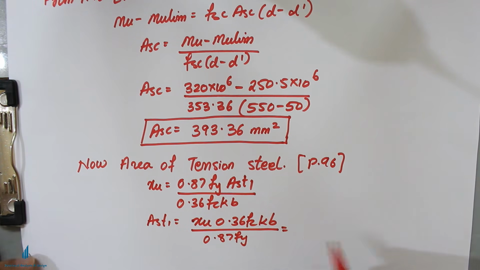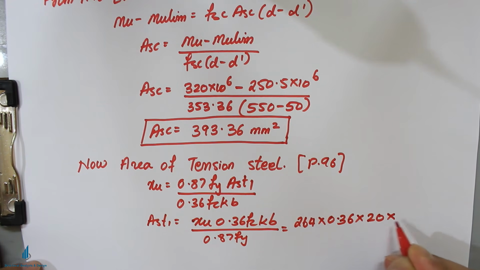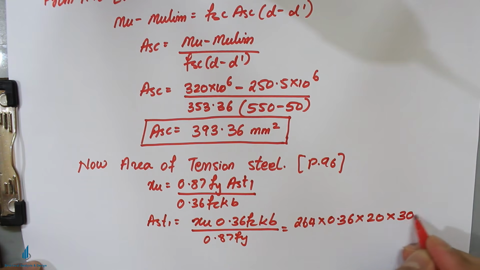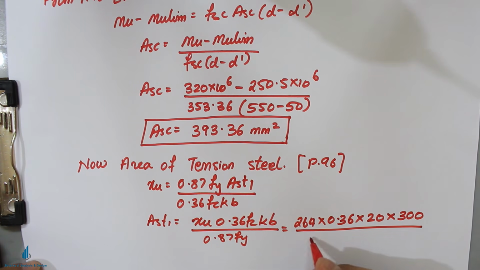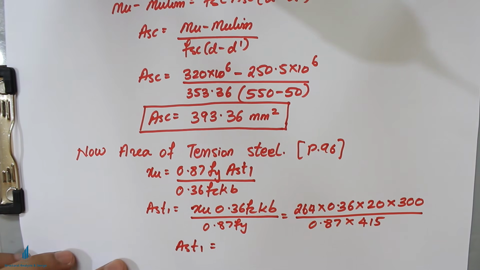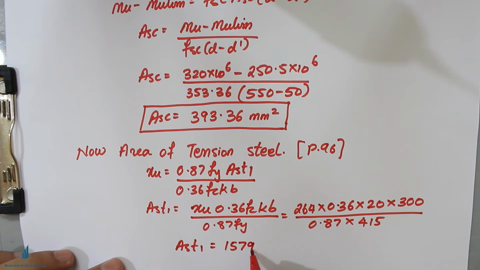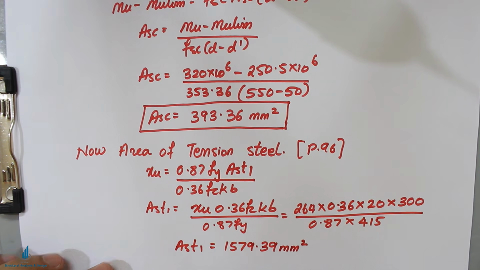Just substitute: Xu is 264, 0.36, fck is 20, b is 300, divided by 0.87 into 415, fy was 415. After substituting, Ast1 comes out to be 1579.39 mm square. So this is how you calculate Ast1.